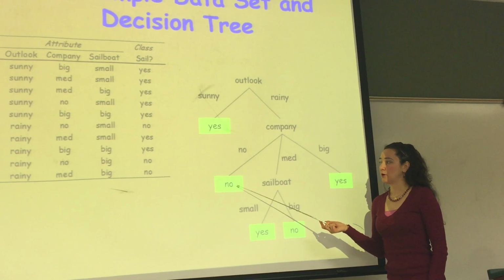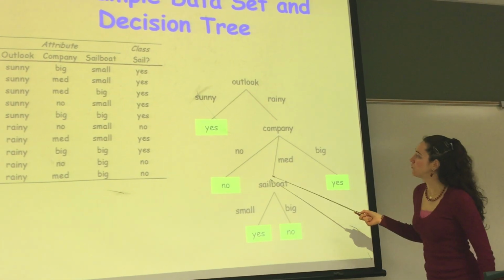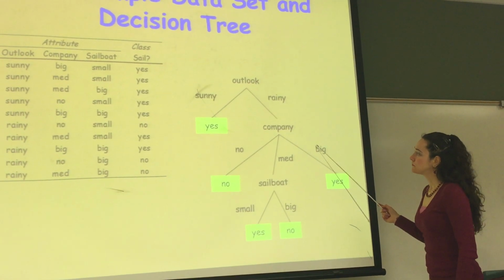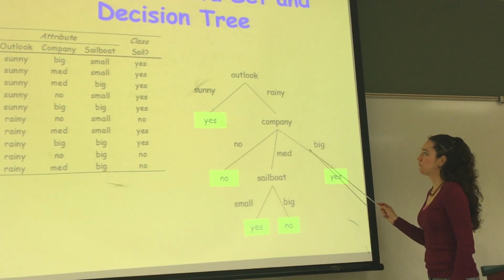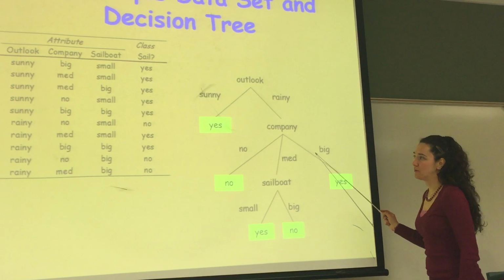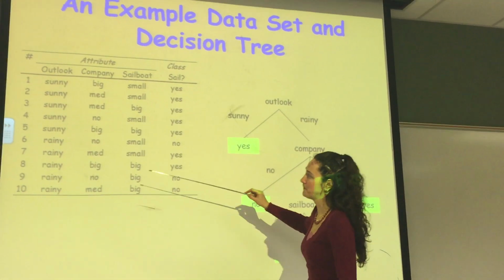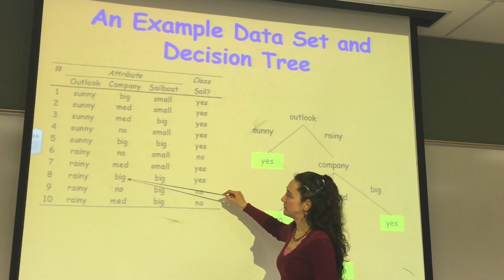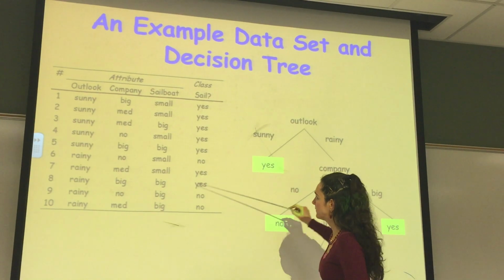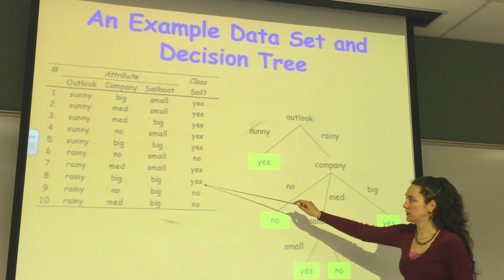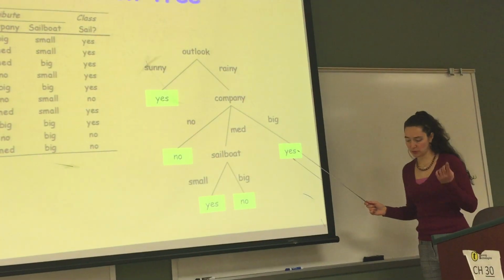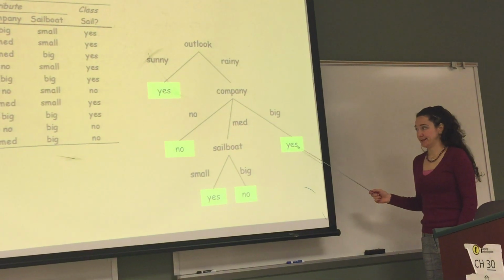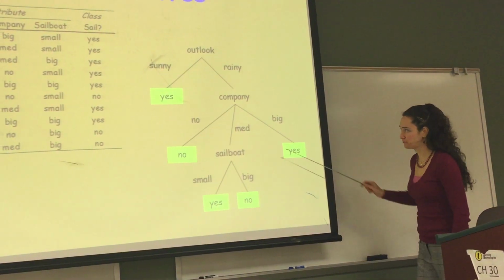We have our knowledge in the leaf. For the medium, we have to keep splitting. For the big, all the objects that have property big, that's object 8, its class is equal to yes. So we have arrived at a leaf because we only have one object and its class is yes.